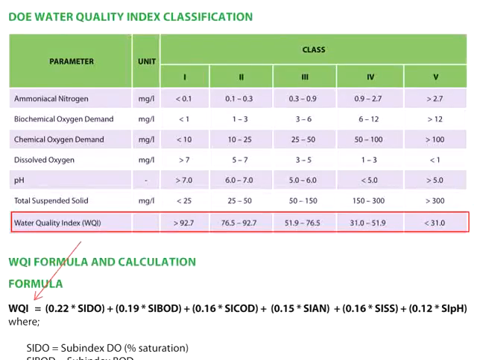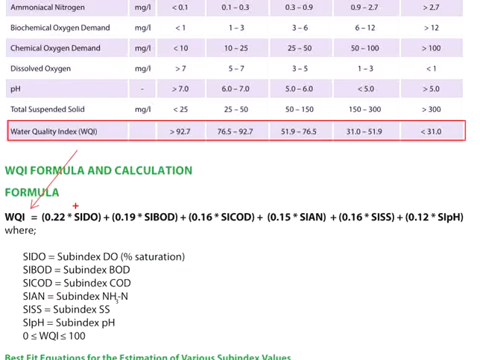Next, we talk about the water quality index. The water quality index can be acquired from a formula here, which is in the functions of a series of the parameters. The descriptions of the parameters are stated here.